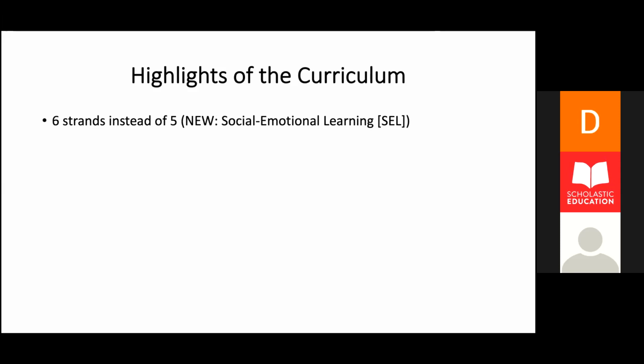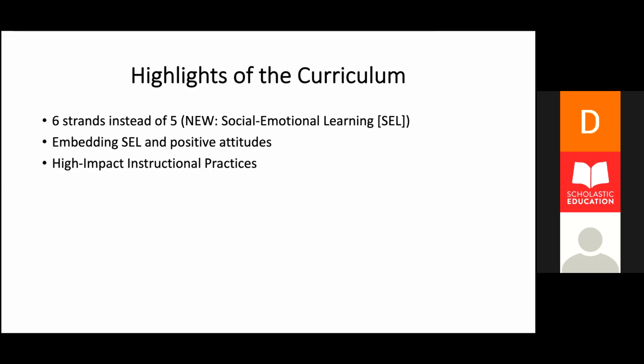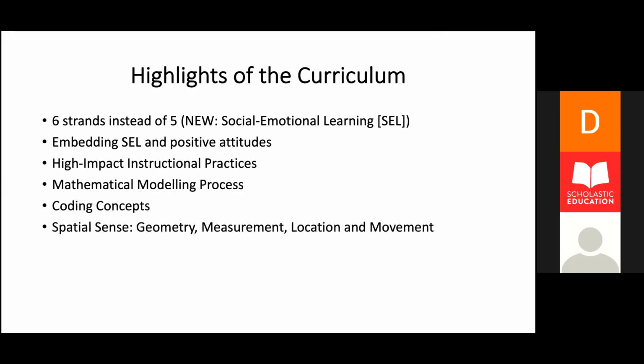So here are the highlights we're looking at today, the changes. We're going to look at the 6 strands instead of 5. We're going to look at embedding those social emotional learning skills throughout the year, not just at the beginning or in the middle. We're going to look at the high impact instructional practices that they put into the curriculum. This mathematical modeling process is something that's brand new, which I want to explain. Coding concepts are now in the curriculum.